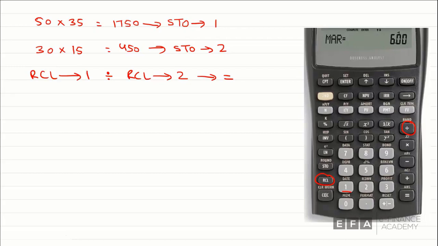You're dividing whatever you have stored in 1 by whatever you have stored in 2, and so on. You can do recall 1 plus recall 2, recall 1 minus recall 2, recall 1 times recall 2, and so on.